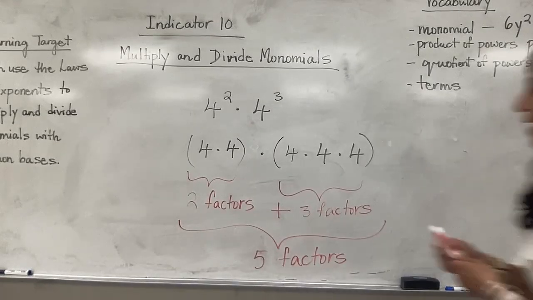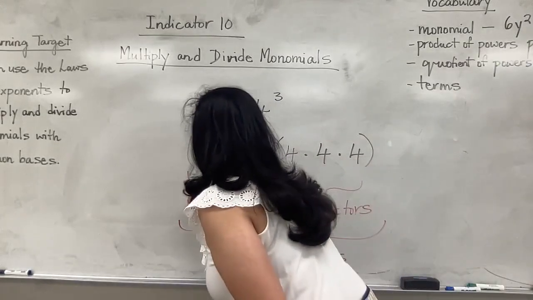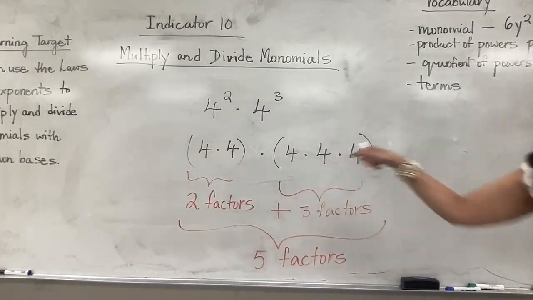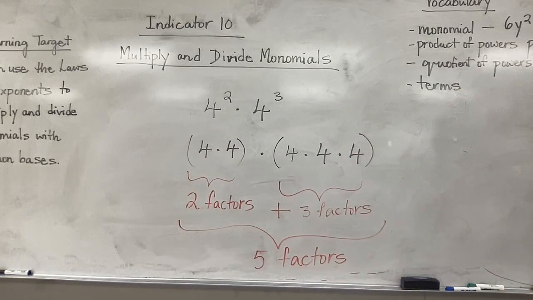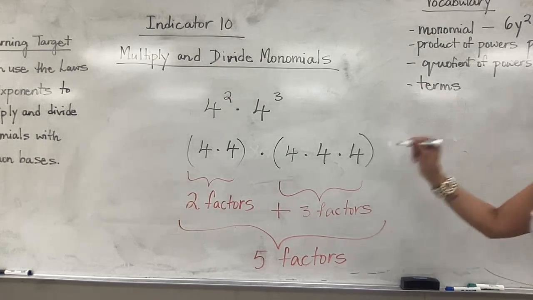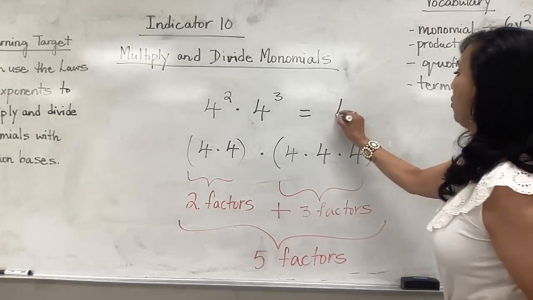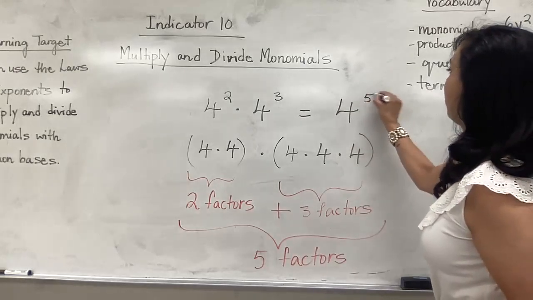We have 2 factors of 4 over here, 3 factors of 4 over here, and overall I have 5 factors of 4. So there are 5 common factors altogether. So the product is going to be 4 to the 5th power.